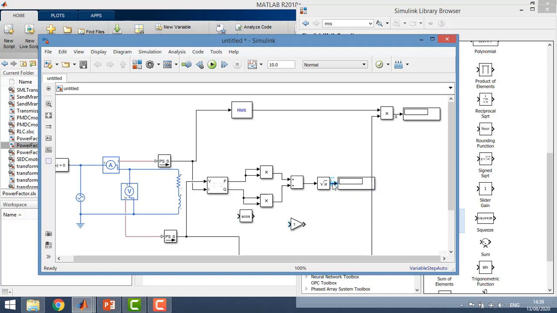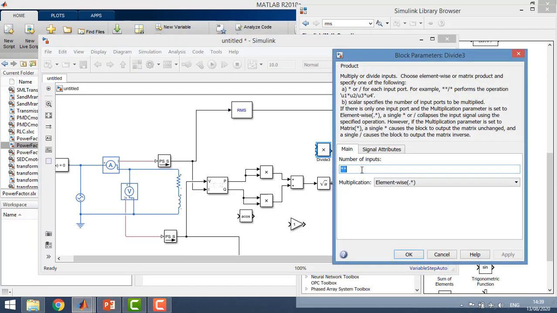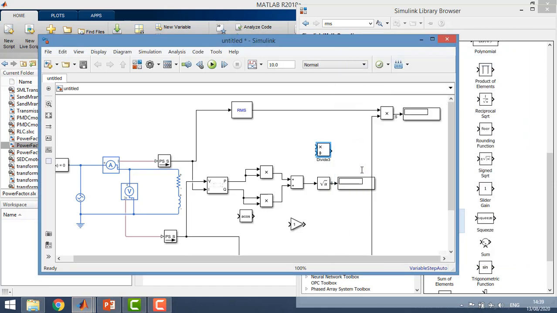Okay, so again we have the apparent power. In order to find the power factor, we can simply divide the active power by the apparent power, and the power factor will be obtained.